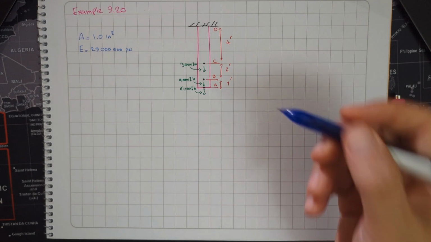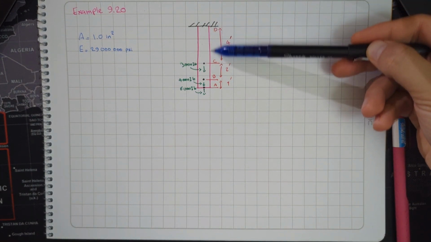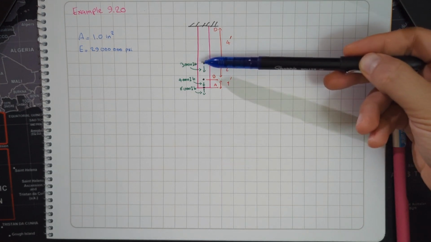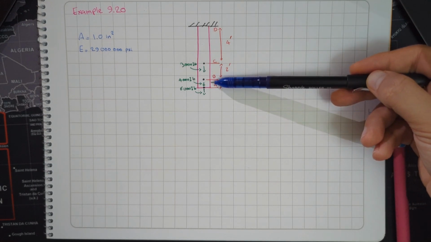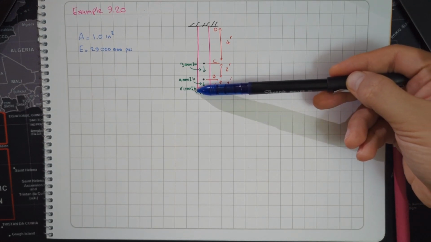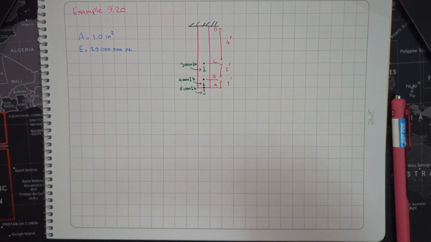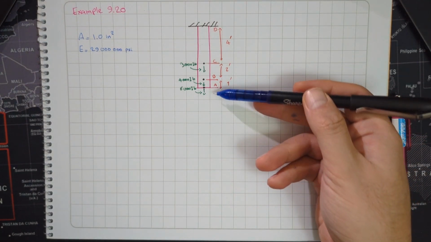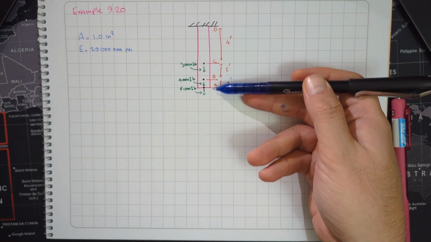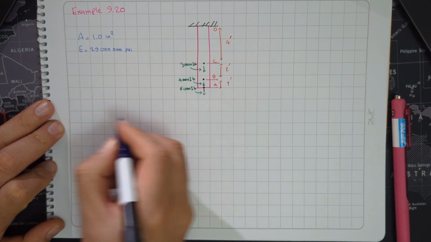We have to calculate how much this part is going to elongate due to this weight, and how much this part is going to elongate due to this weight, and how much this part is going to elongate due to this weight. Then add all this elongation together. All right, so let's first calculate the elongation of this part AB.